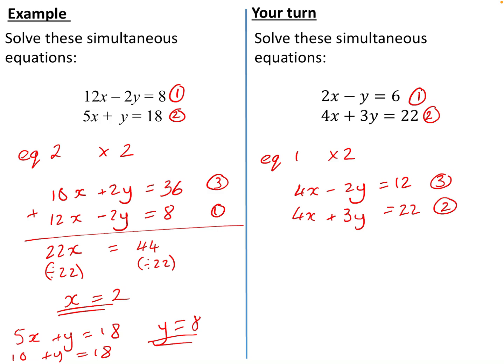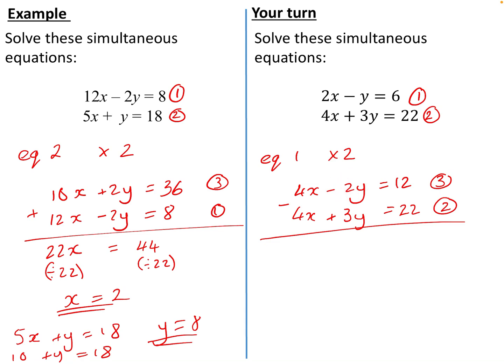Okay, so in the first one I used equation 3 and 1. This time I'm going to use 3 and 2. It's absolutely fine. These two have the same sign, so I want to subtract. So I want to do 4x, take away 4x, so I'm left with no x. Just be slightly careful here.